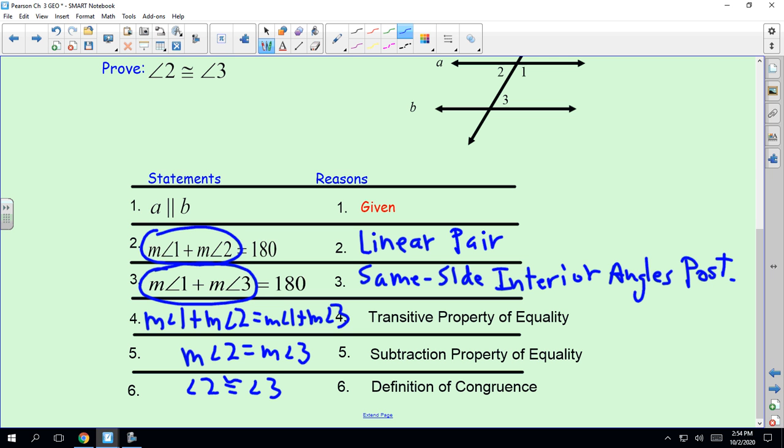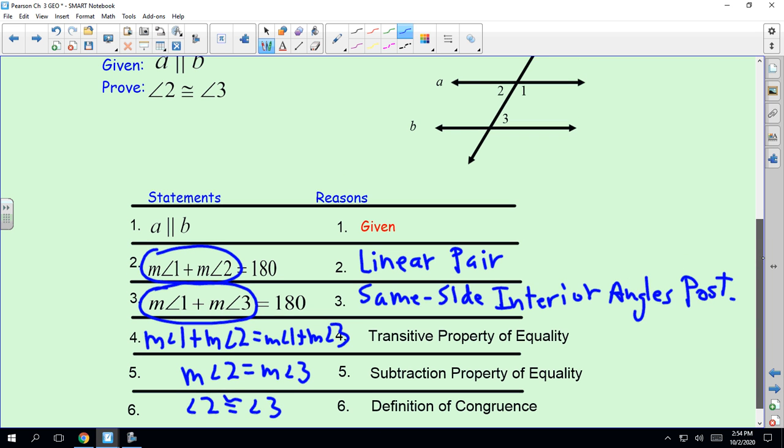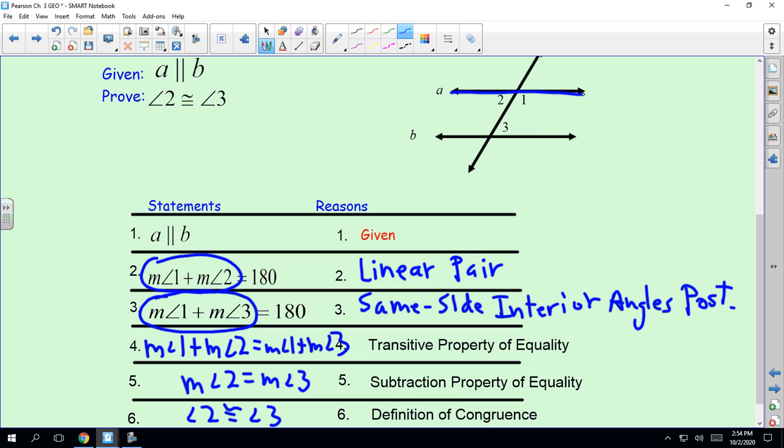So that's a proof of the theorem that says if you have two parallel lines cut by a transversal, the alternate interior angles 2 and 3 are always congruent. Since we did that kind of in a generic way, that would mean it's always true for any parallel lines cut by a transversal, the alternate interior angles will always be congruent.